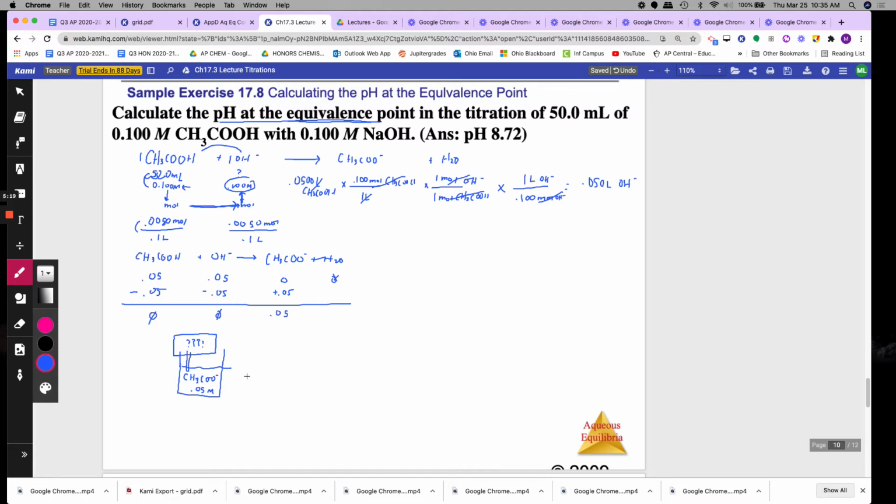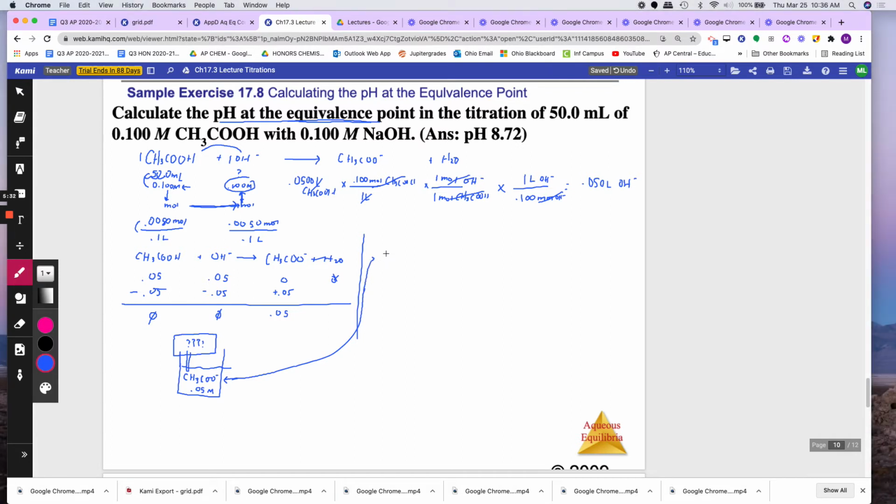To do that, you have to understand what this will do. That's right, it will hydrolyze. So in your beaker, you have this CH3COO minus, and you have to do another ICE box. CH3COO minus will hydrolyze, and because it's the conjugate base of a weak acid, it's a strong conjugate base, so it will take an H and make CH3COOH plus OH minus.